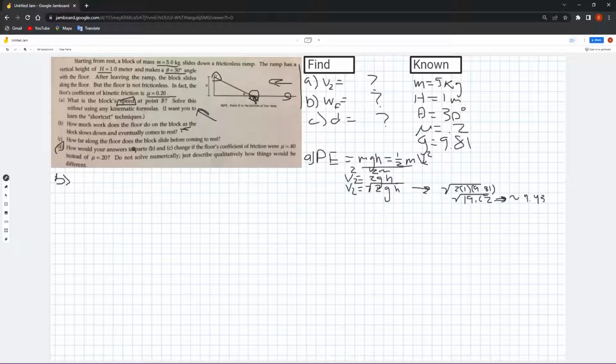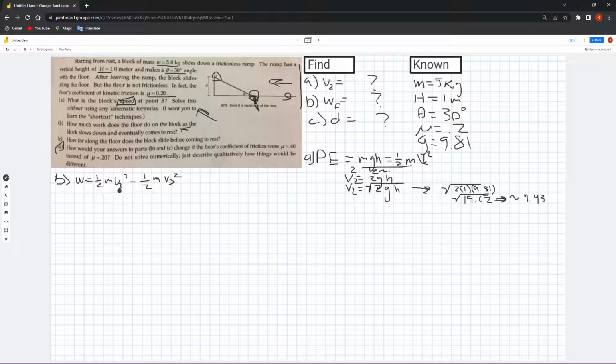B is pretty simple because the work done on the object is equal to the change in its kinetic energy. So we would get work equals 1/2 mv3 squared minus 1/2 mv2 squared.